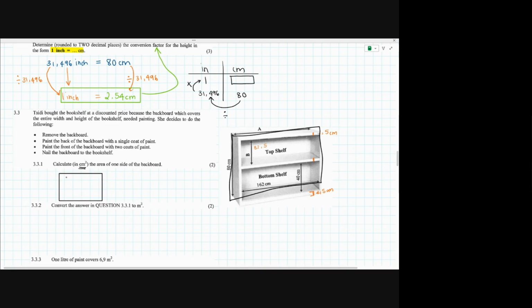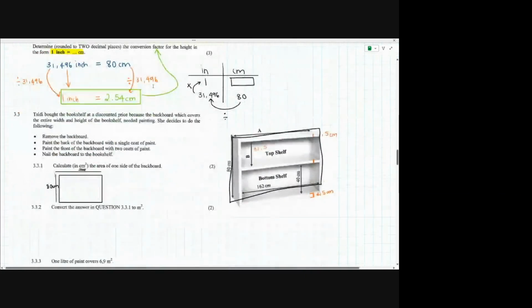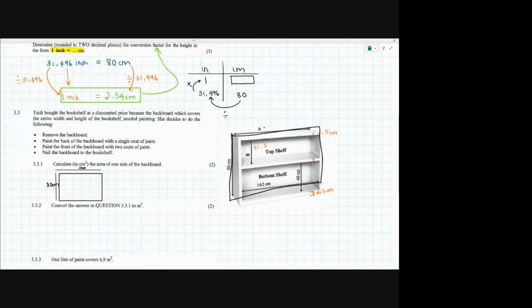That's it. Now, we know that the total height of our bookshelf is 80 centimeters. And we know that the total length of our bookshelf is 165 centimeters. I'm pretty sure that's what we worked out at the start. Yes, it would help if I wrote that on. 165 centimeters.